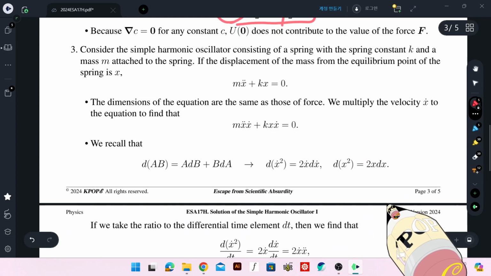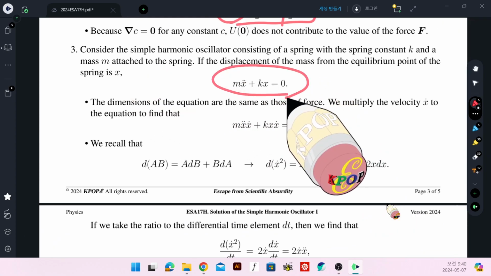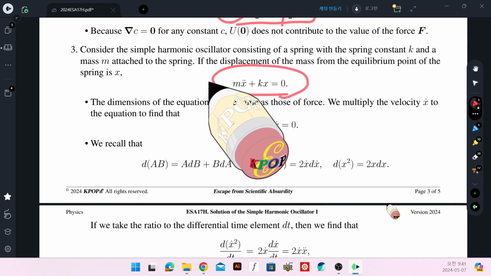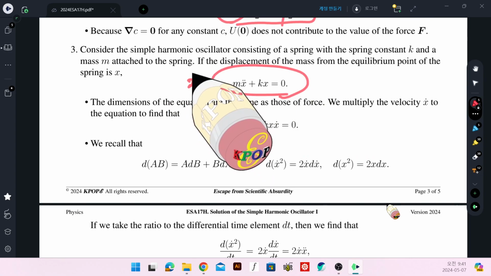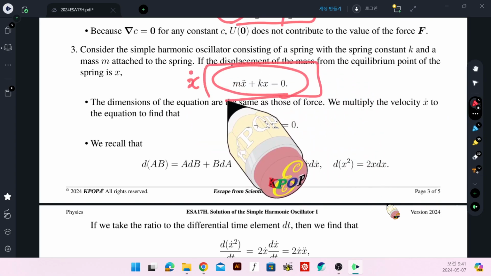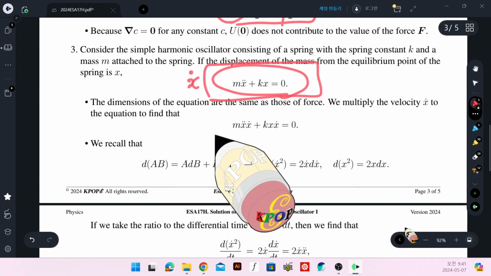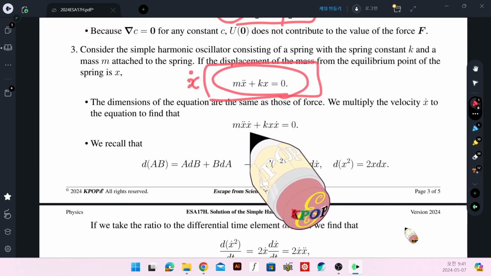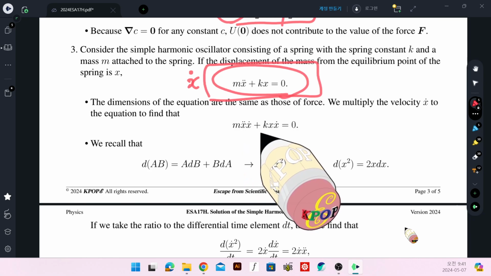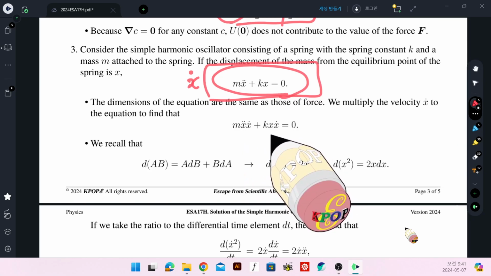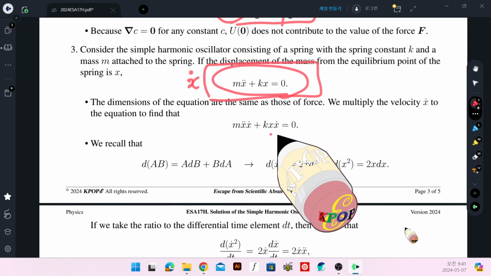We still consider the same simple harmonic oscillator. Next, we consider multiplying the velocity to this equation of motion. What we find then is mass times the velocity acceleration product plus spring constant k times displacement multiplied by the velocity.